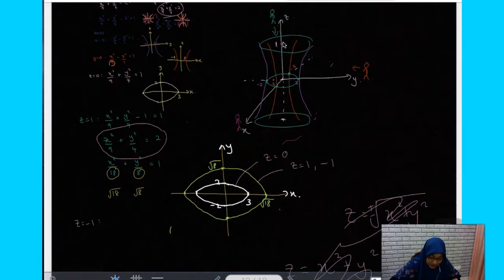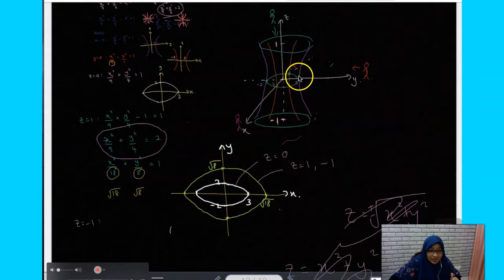The size of the ellipse is the same. So this one is minus 1. When you are standing over here, you can actually see 3 ellipses, but because we have the same size, we can just see 2.